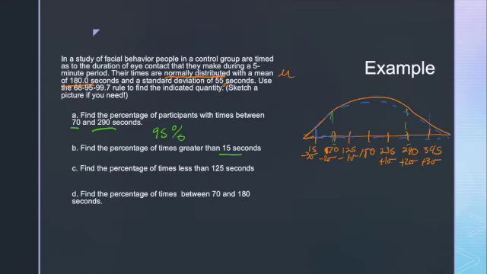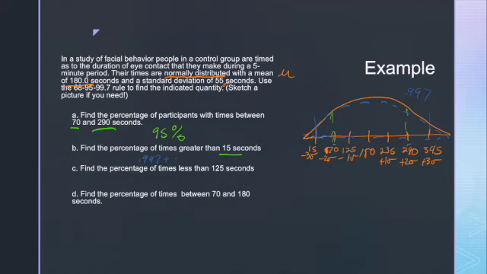I know within 3 standard deviations, I have 0.997 as my area because I've got 99.7% of data. I know that leaves us with 0.003 of data divided between the 2 tails.